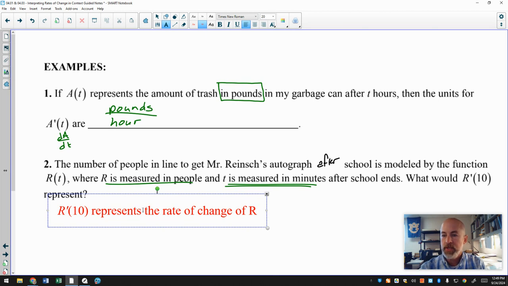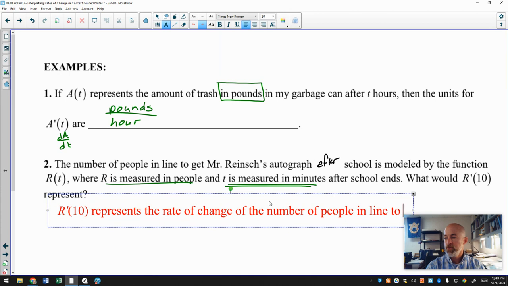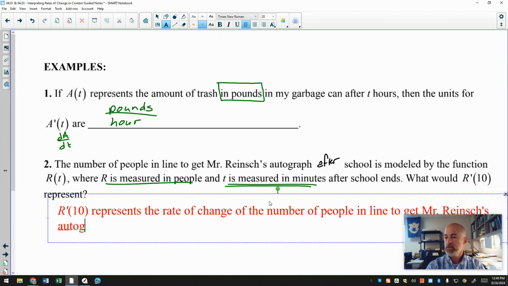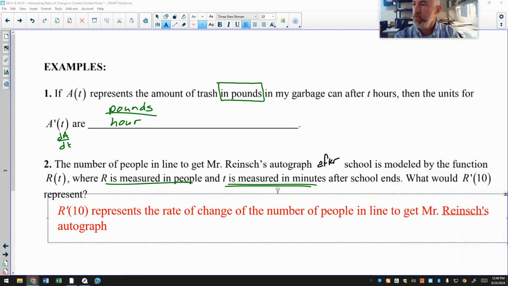What does R represent? Well, R is the number of people in line. So instead of saying the rate of change of R, it's going to be the rate of change of the number of people in line to get Mr. Reinsch's autograph.